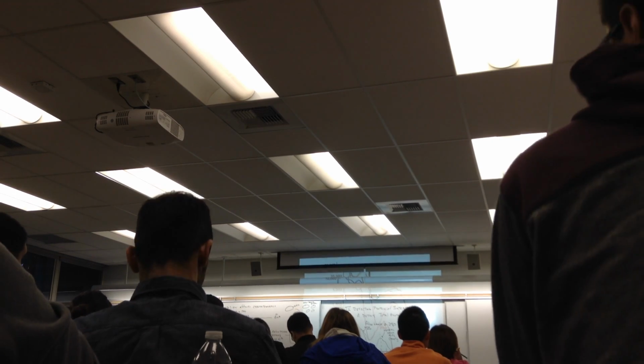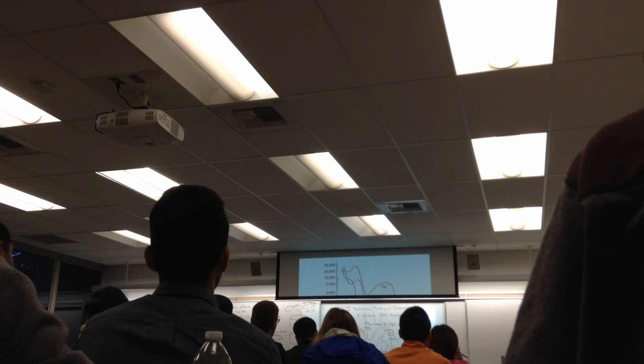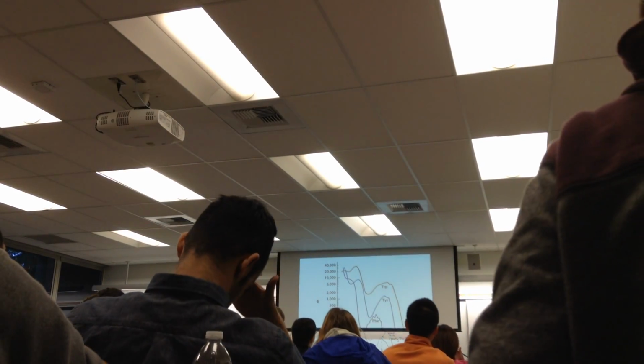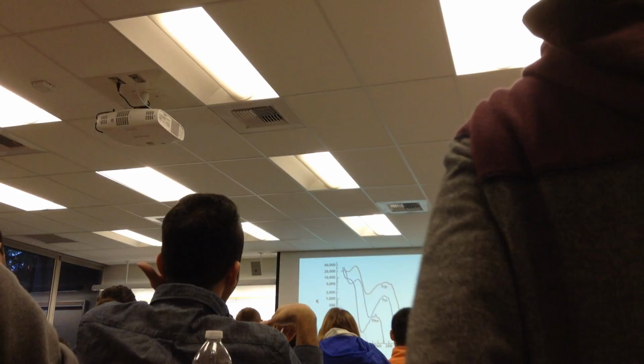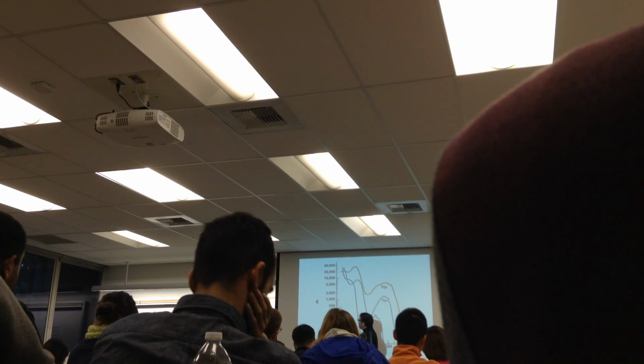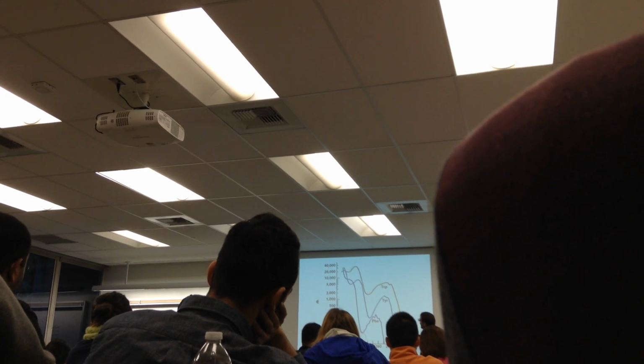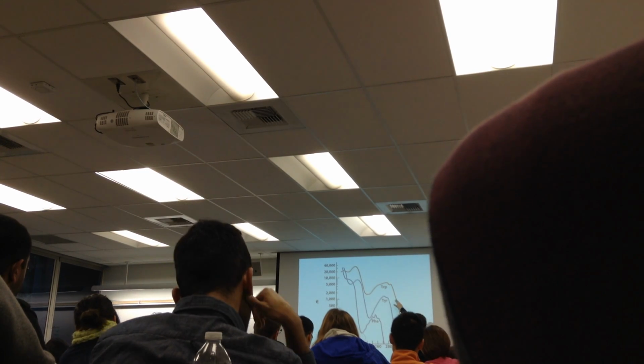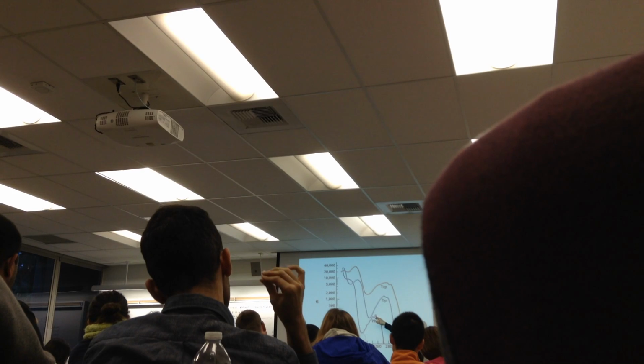Let me show you a couple of slides. So here's the absorbance spectra of three different aromatic amino acids. Again, we've got wavelengths over here and the absorbance on the left. This is at equal concentration. The thing that absorbs the most is tryptophan, then tyrosine, and phenylalanine.